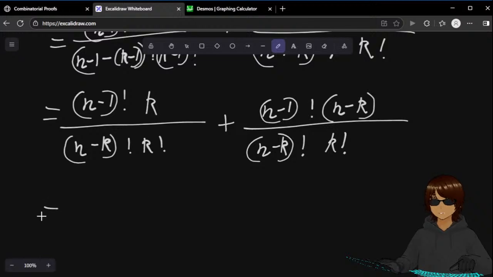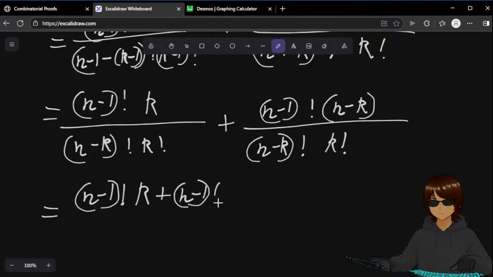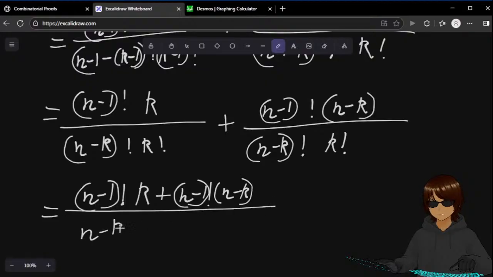And then we can add these two. So n minus 1 factorial k plus n minus 1 factorial n minus k, over n minus k factorial k factorial.